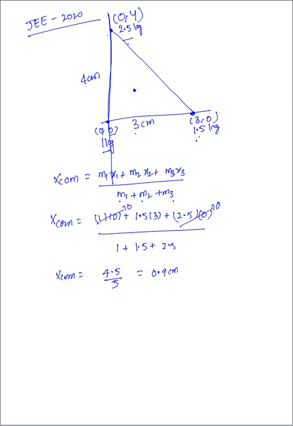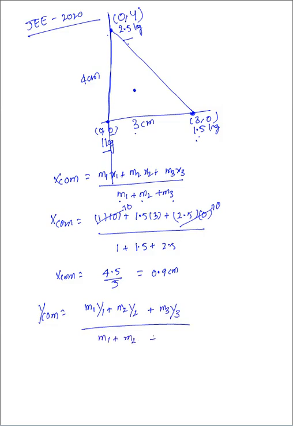Now if we solve for YCOM, what do we get? m1y1 plus m2y2 plus m3y3 divided by m1 plus m2 plus m3.